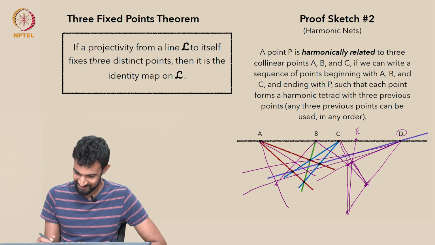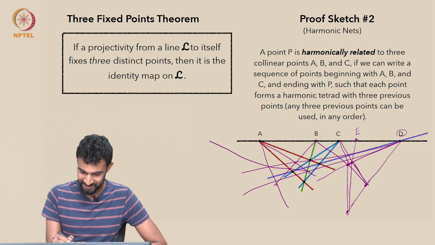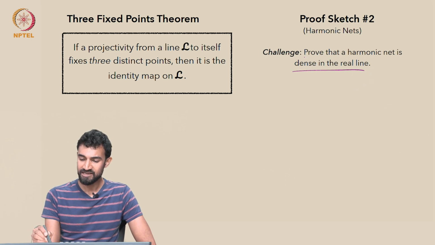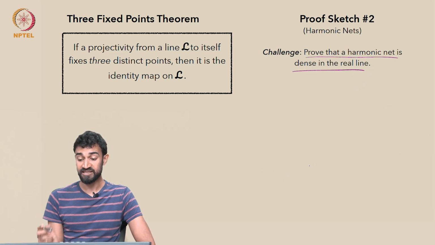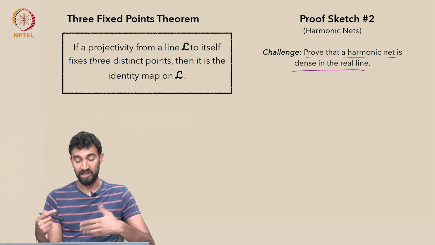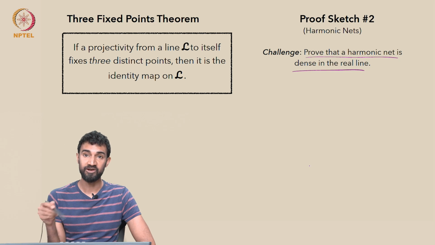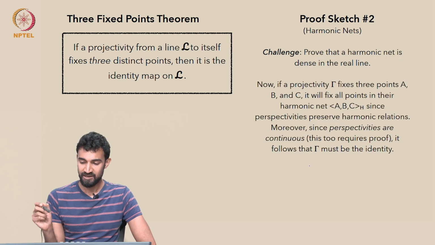This is getting kind of messy, but here's another point here, F, and so on. You can keep doing this construction and adding more and more points, and I claim that this harmonic net that we generate is dense in the real line. Between any two points, there's a new point which is harmonically related to A, B, and C.